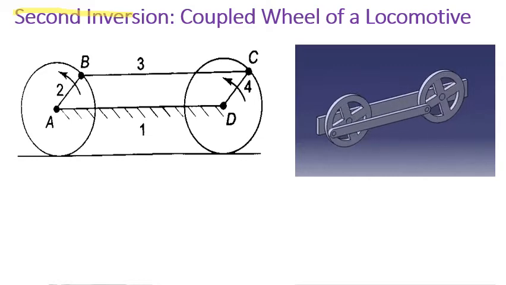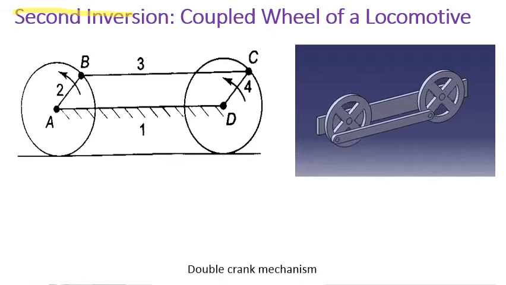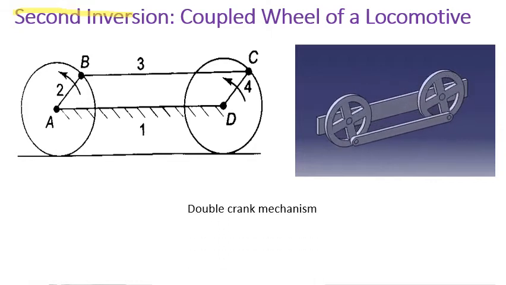Here AB and CD act as cranks, which are connected to the respective wheels, and link AD is fixed in order to maintain a constant center to center distance between them. This mechanism is used to transmit rotary motion from one wheel to the other wheel.